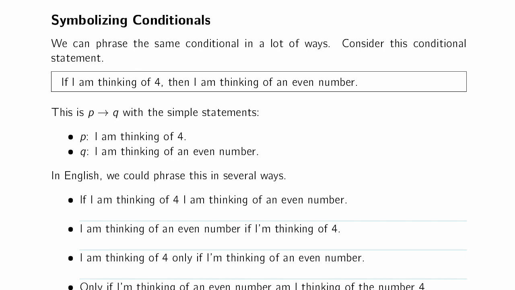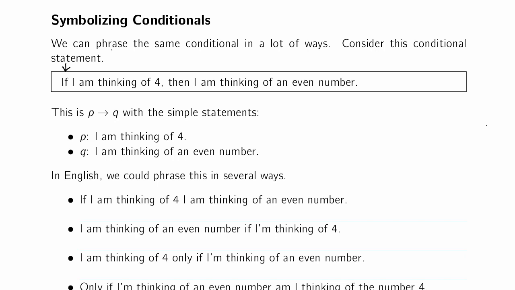Let's consider a conditional and all the different ways that this same conditional could be phrased. Now, this is not an exhaustive list of possible ways to phrase a conditional in English, but these are the only ones I'm going to ask you to symbolize in this class. So here's the basic way of phrasing a conditional. If I'm thinking of the number 4, then I'm thinking of an even number.